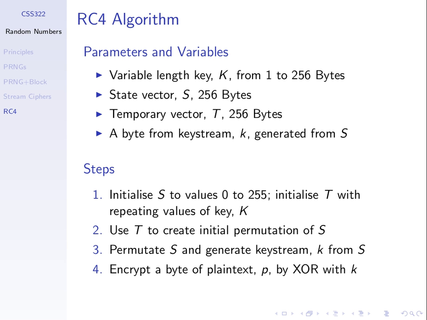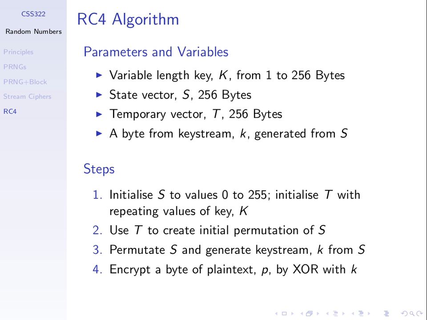To give an example, I'll use a simplified version of real RC4. So RC4 has a state vector S, which is 256 elements. Each element is 8 bits in length, 1 byte. So if I was to write that down, we would not have enough space. So what I'm going to do is reduce that to an 8-element vector instead of 256. And every element is not 1 byte, it's just 3 bits.